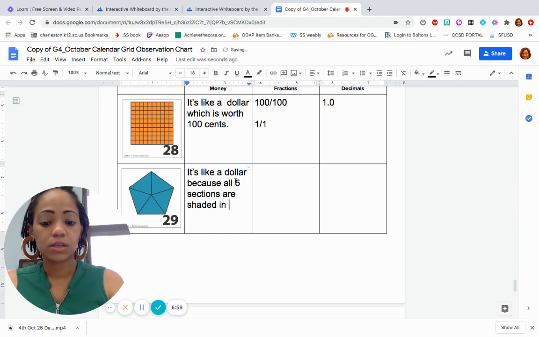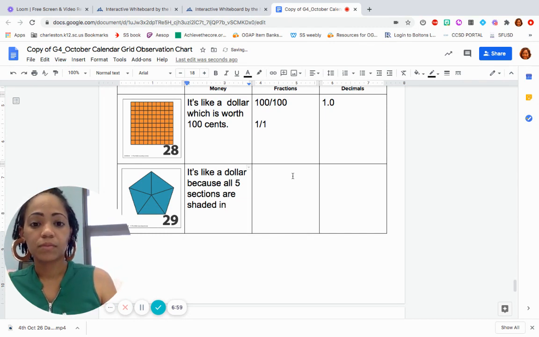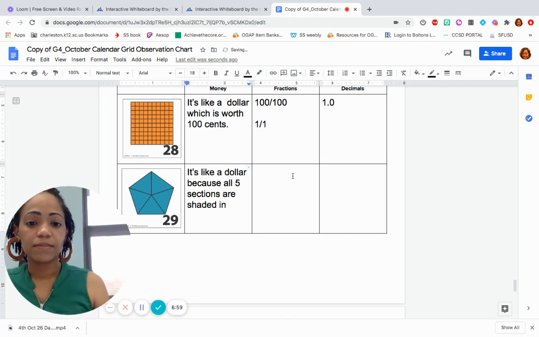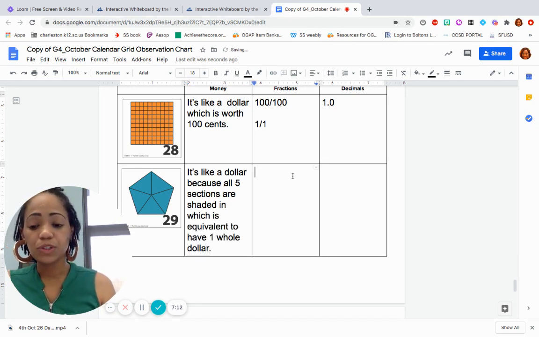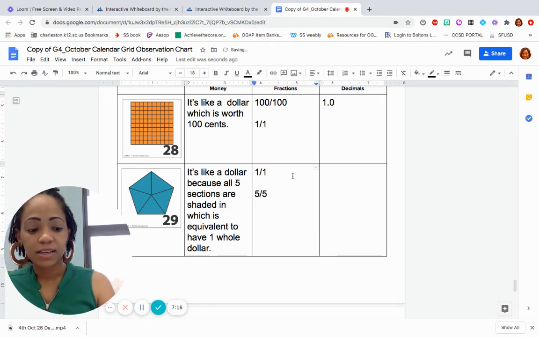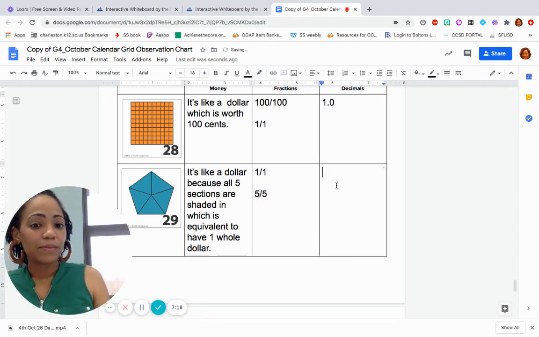Which is equivalent to having one whole dollar. Right, and then we can fill in our fraction, which is 1/1, same, 5/5, same, but we can write it like this as a decimal.